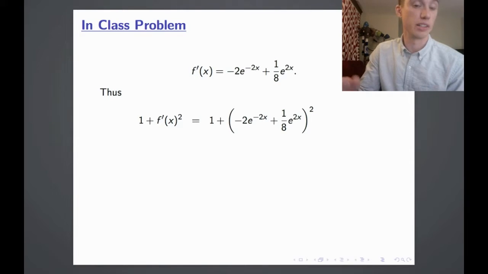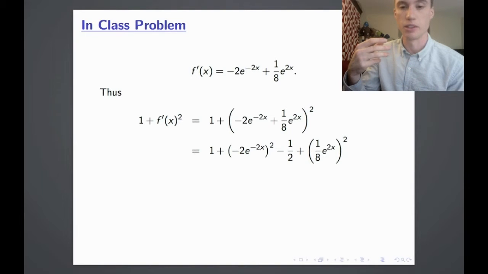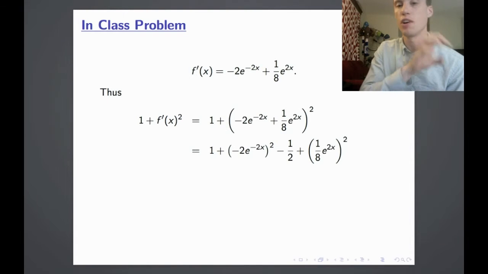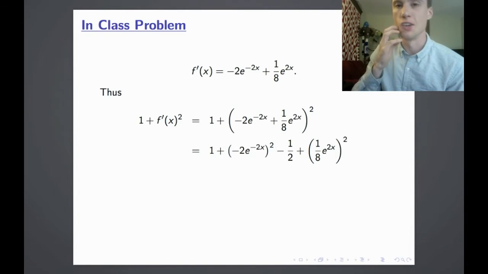So I've just plugged it in and expanded the polynomial here, or polynomial and exponential functions, and the middle term is 2 times the first term times the second term. So we have 2 times 2 e to the negative 2x times 1 over 8 e to the 2x.